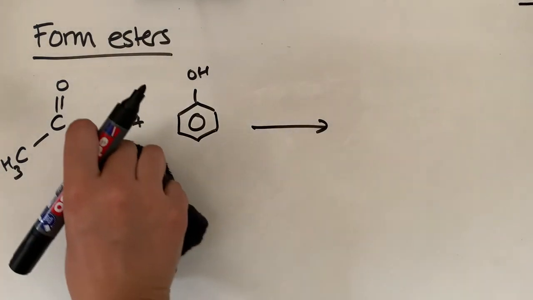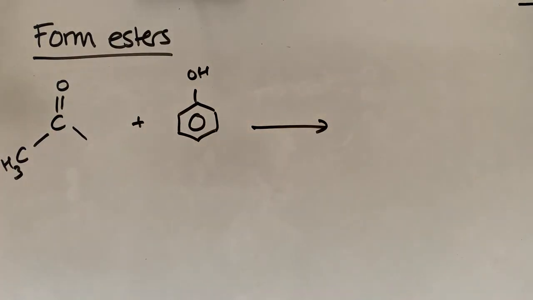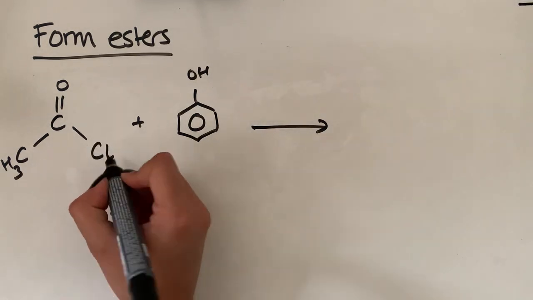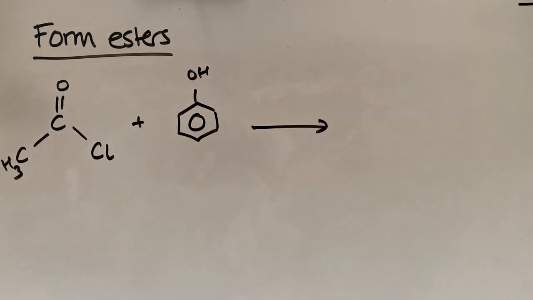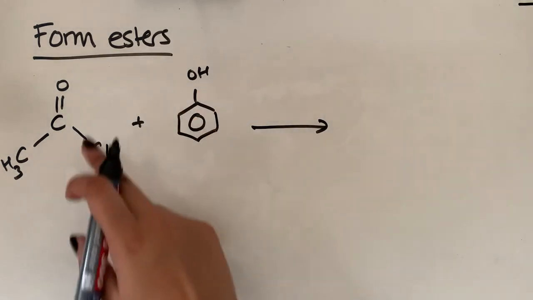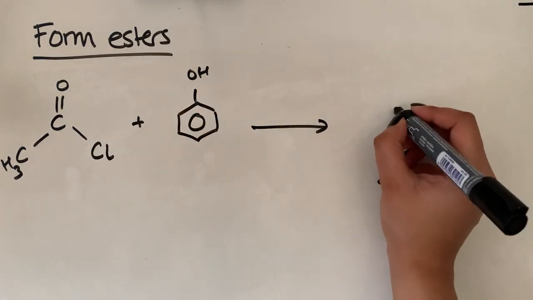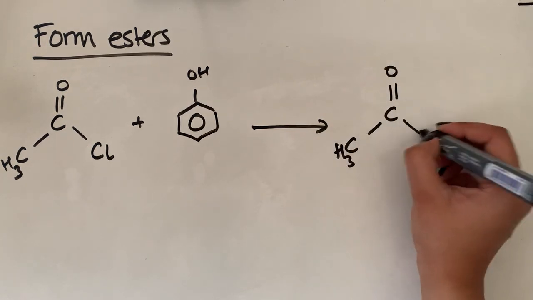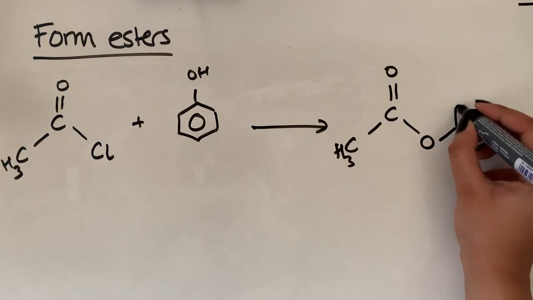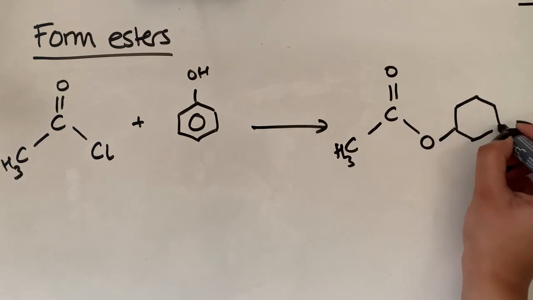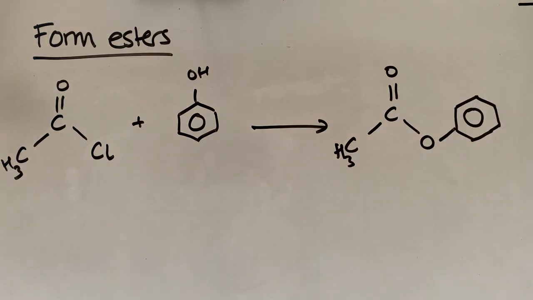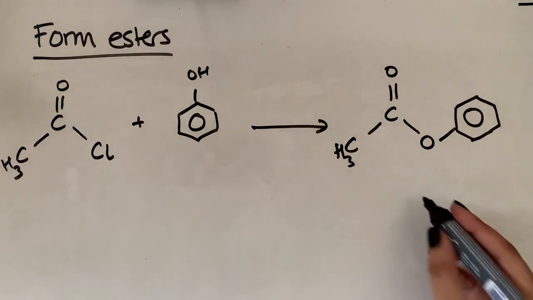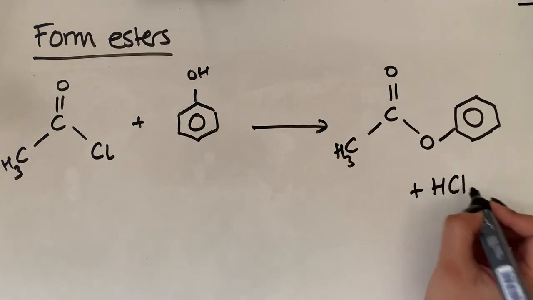If I convert that carboxylic acid into the corresponding acyl chloride, this reaction will now happen. So I can now form an ester over here, and HCl is also going to be released.